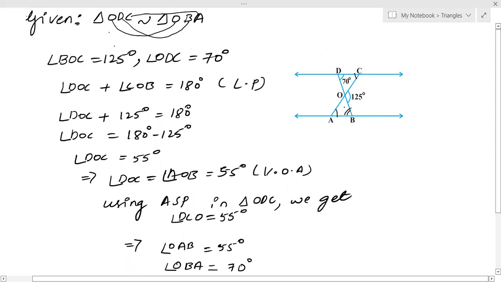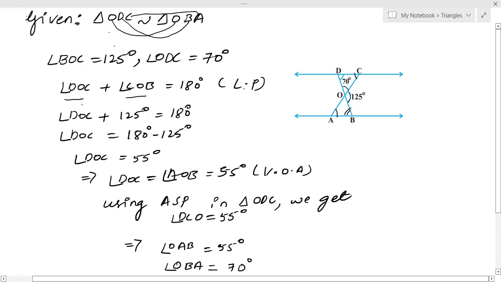Now, let's find the remaining angles. If you observe angle DOC, that is this angle DOC and the adjacent angle 125, they are on a straight line, isn't it? So if you add them, you should get 180. So that's what we have written here. Angle DOC plus COB is 180 degrees.